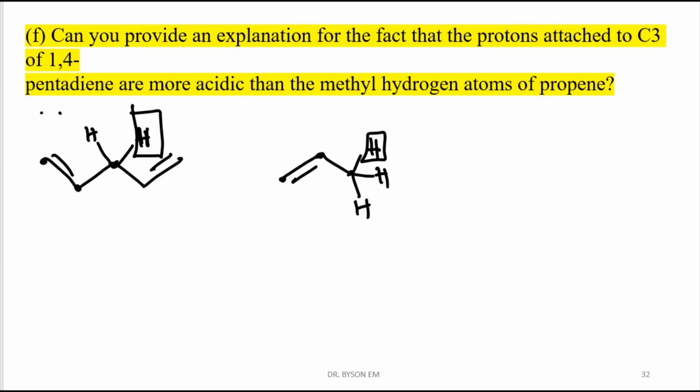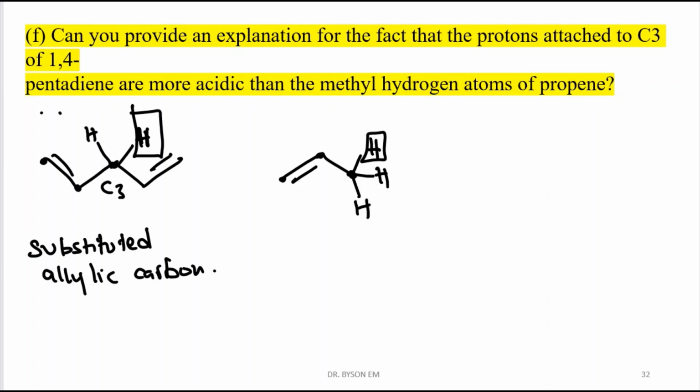Well, it is because the hydrogens on C3 are on a substituted allylic carbon. So C3 is a substituted allylic carbon, whilst this carbon here is a non-substituted allylic carbon.